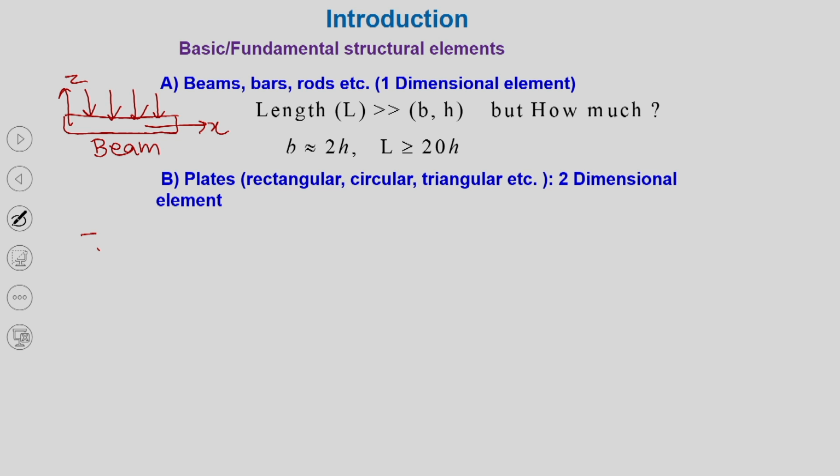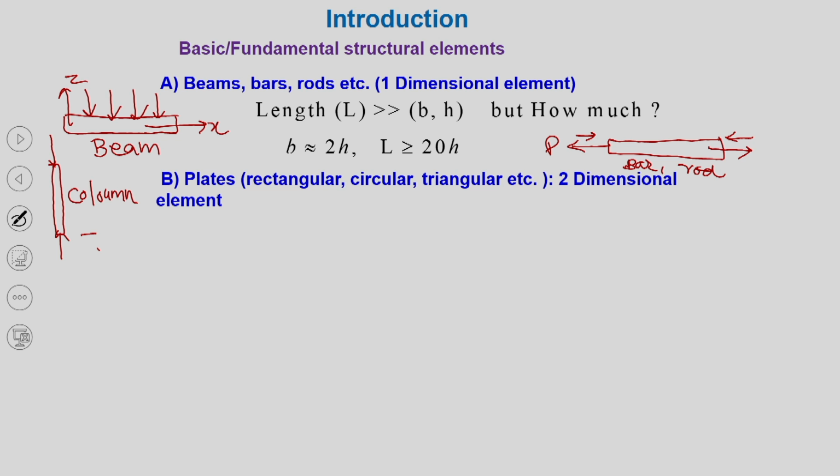But in the case of a rod or a bar, if the same element is subjected to axial loading, whether tensile or compressive, depending upon the situation, then we treat it as a bar or a rod element. If the same element is subjected to compressive loading in the vertical direction, then it will be treated as a column element.